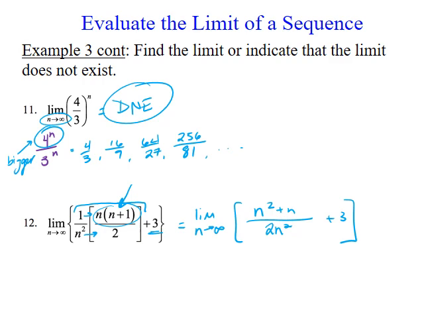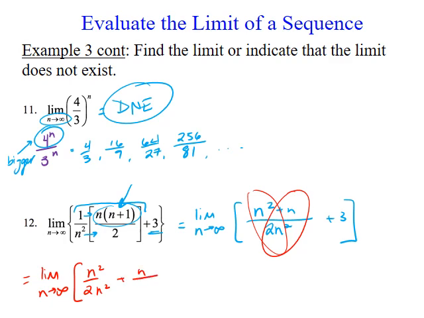Okay, well, I'm going to use the heart method and rewrite this. So just separating them into two separate fractions gives me n squared over 2n squared plus n over 2n squared plus that 3 on the outside.